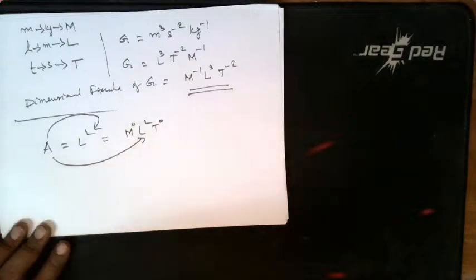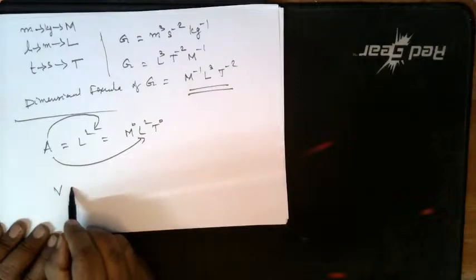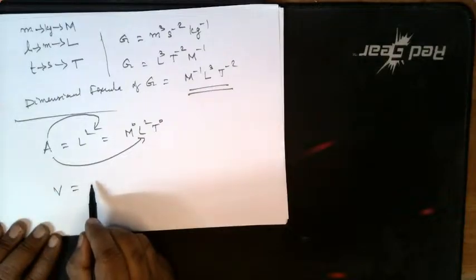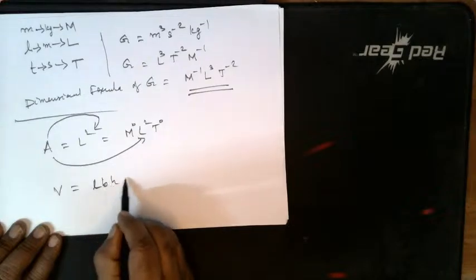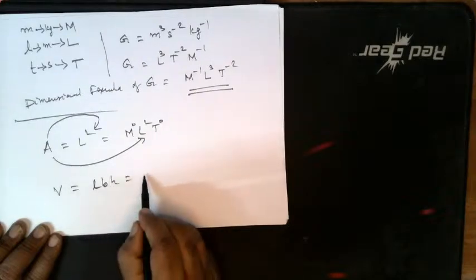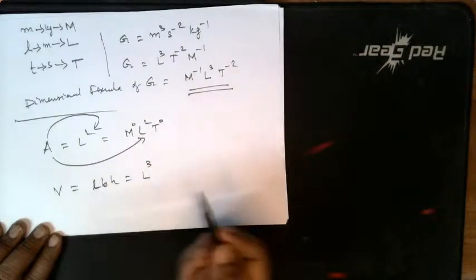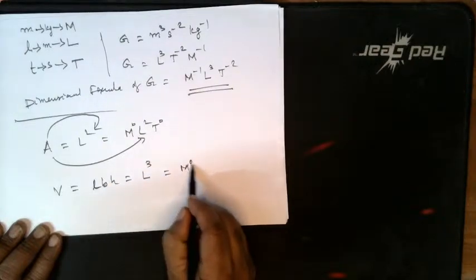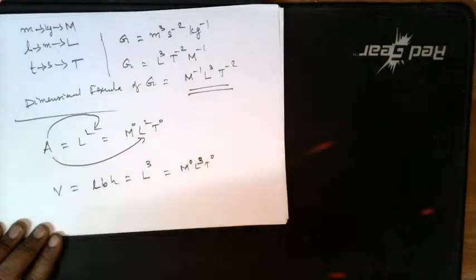Do you understand this? Yes, sir. What is the dimension formula for volume? Volume is length into breadth into height, all lengths, so L cube. How to represent this? M power 0, L power 3, T power 0. That's it.